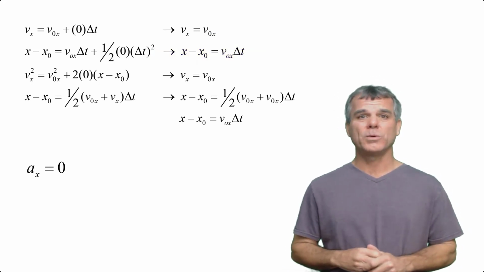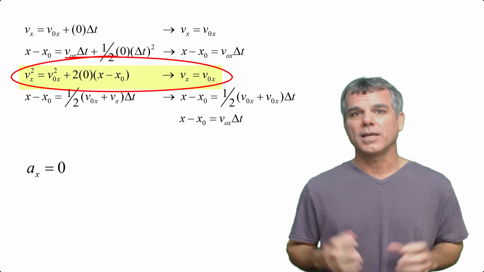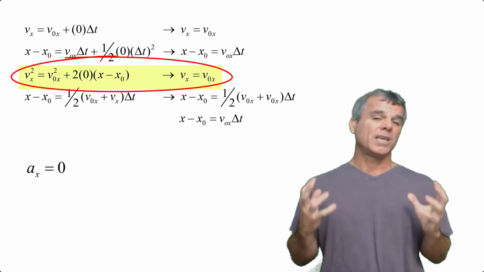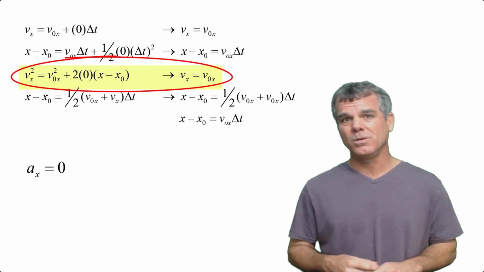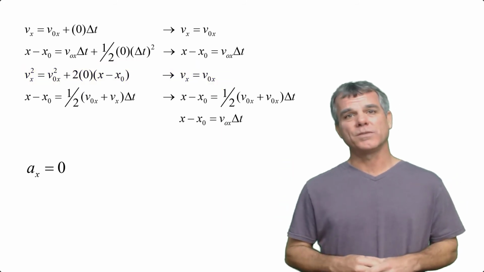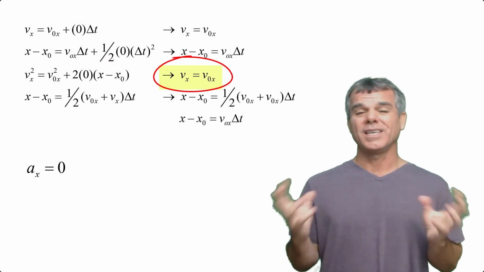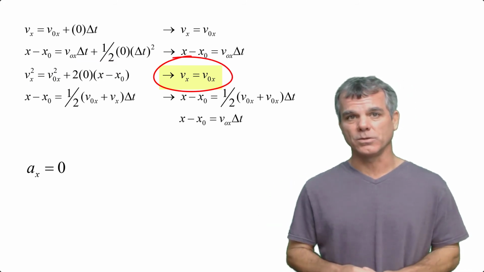Well, if I look at these last two equations, Vx squared equals V naught x squared plus 2ax times x minus x naught. If I plug in acceleration equals 0, I get Vx squared equals V naught x squared, or Vx equals V naught x, the exact same as what the first equation reduced to.